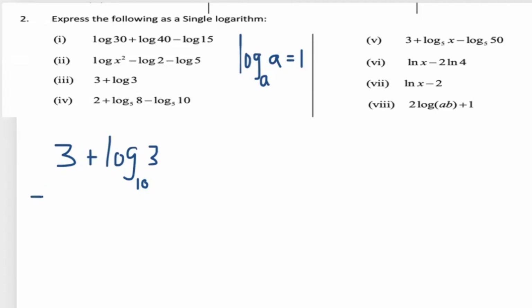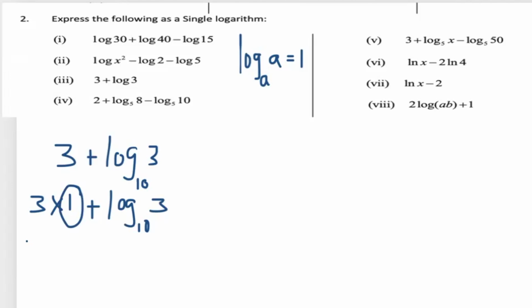We know that 3 is the same thing as 3 times 1. So I have 3 times 1 plus log. Let's write the base 10. Not necessary, but once you're comfortable, you don't have to do that. I rewrite it as 3 times 1 because this rule says when these are the same, the value is 1.